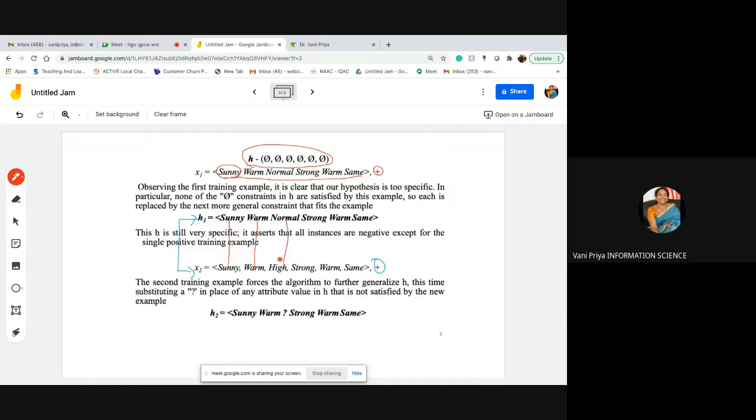So whenever the values are changing, that constraint will be replaced with the question mark. That means any value is acceptable. It can be normal, it can be high. Question mark means any value is acceptable for that particular attribute.